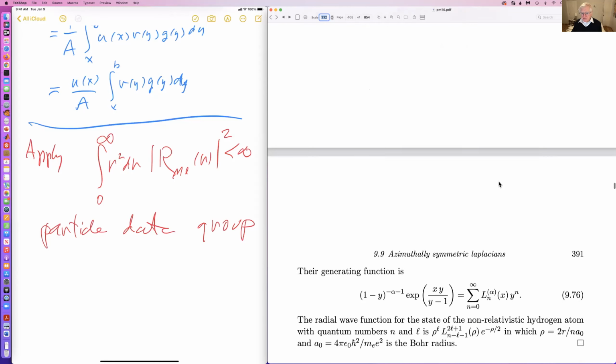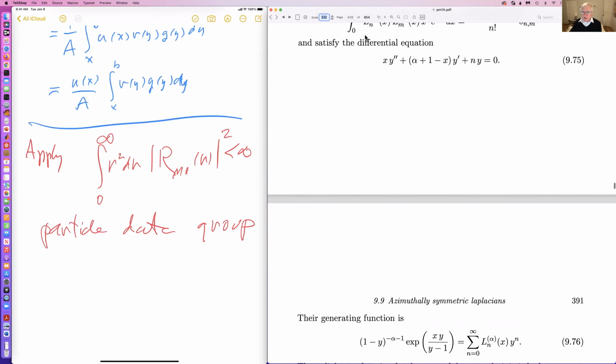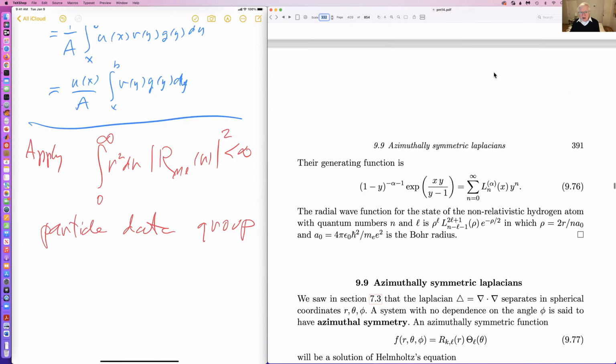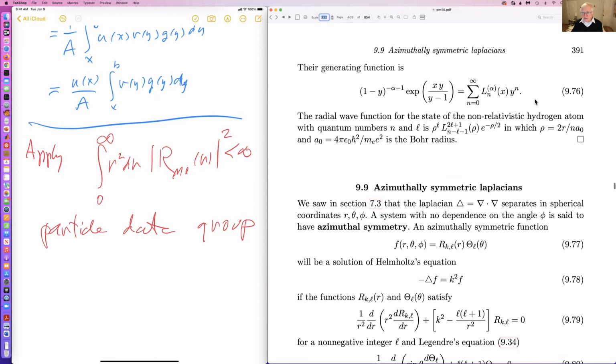They satisfy this differential equation, which somehow staggers out of Schrodinger's equation. The generating function is now, you know, how did anybody figure this out? I don't know.